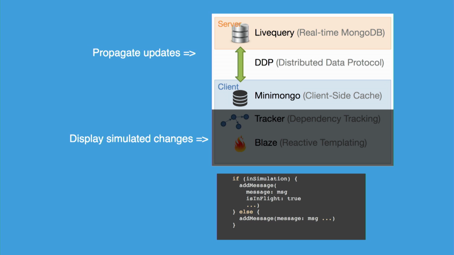So you can see the propagated updates. And after it propagated all the updates, it will send me a special message in DDP called updated. I think there is a typo here. But the general idea is the message updated means, hey, look, client, you've done some changes in RPC, and I already propagated all the changes in the database to you.